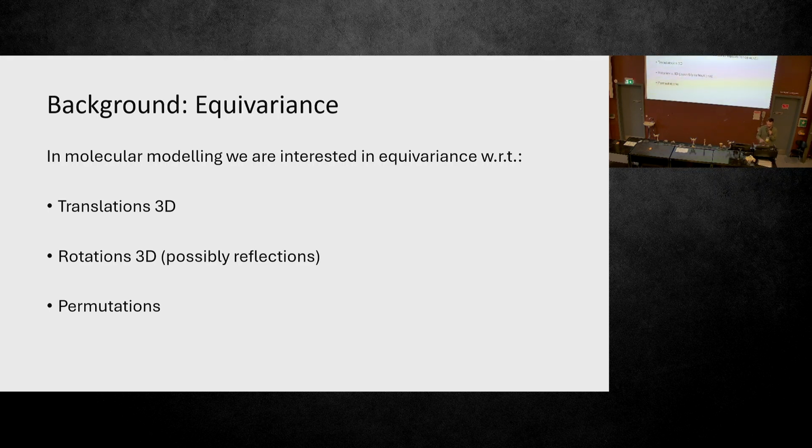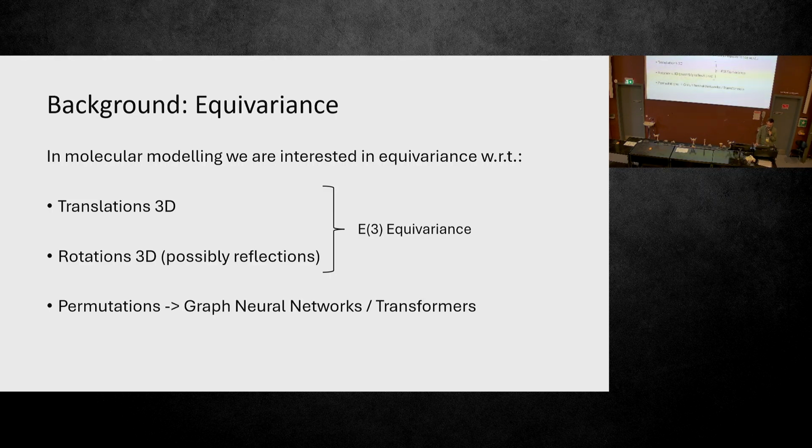So we want the network to be permutation invariant or equivariant to those changes. The first two, translation and rotation, we call E3 equivariance. And then the permutation is something that we can achieve thanks to, for example, graph neural networks or transformers.